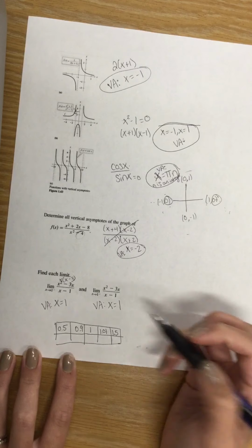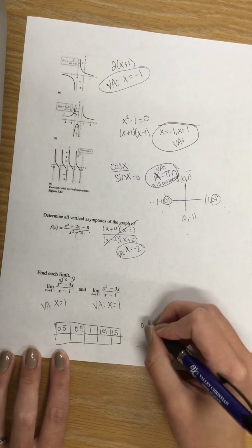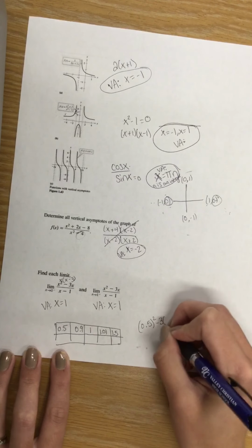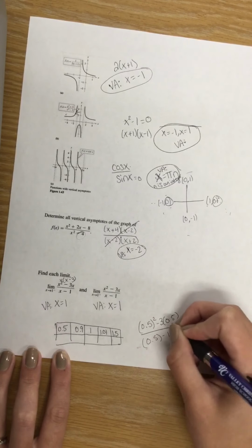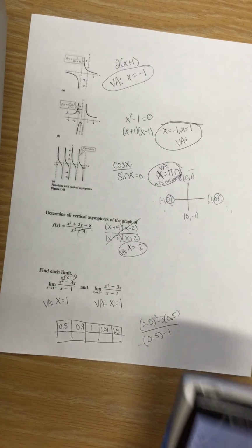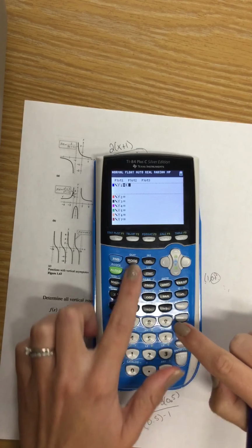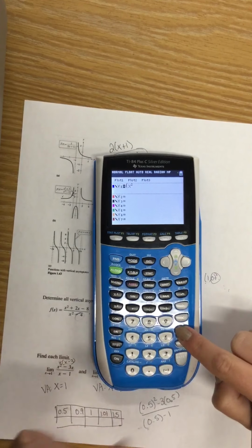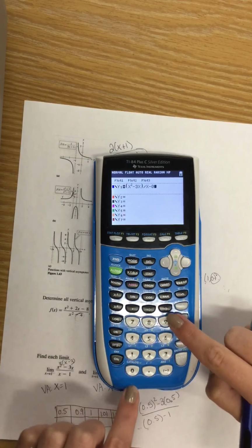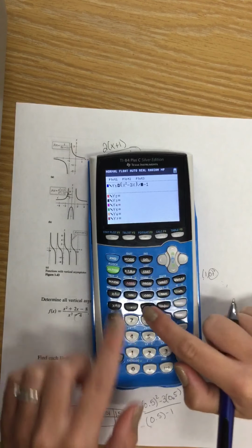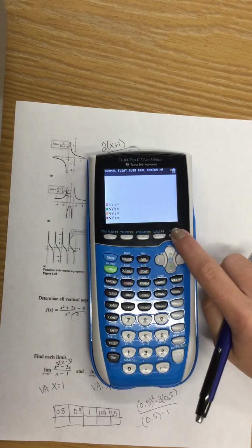If we plug this in, we have 0.5 squared minus 3 times 0.5, all over 0.5 minus 1. I could plug this into my calculator, and in fact I could type it into a table, because that'll be faster. X squared minus 3x over x minus 1. Oops, I need my parentheses around x minus 1.